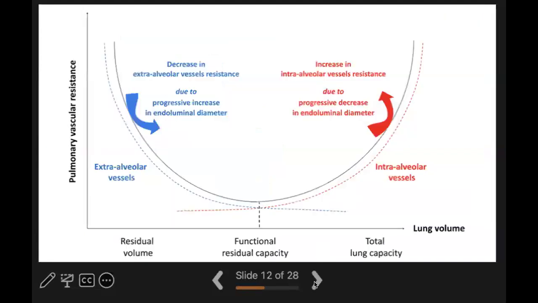When the pulmonary vascular resistance increases, the right ventricular afterload also increases. So you can see that the total pulmonary vascular resistance follows a U-shaped curve, where the nadir is seen at the lung volume equal to the functional residual capacity. Whenever the lung expands, the intra-alveolar vessel resistance is going to increase and the extra-alveolar resistance is going to reduce.